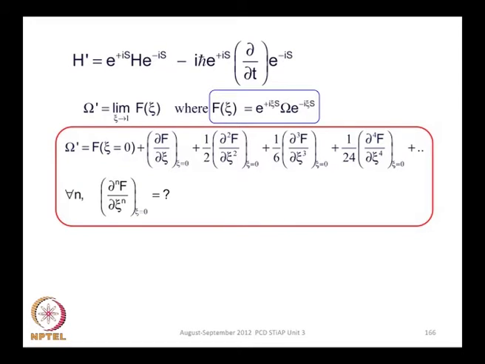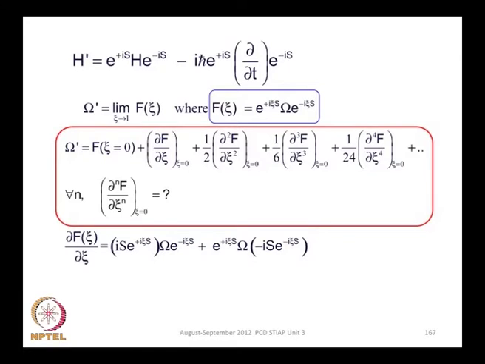So, that is what you need in general. This is the nth derivative that you are going to look for, and now let us take a look at this f of xi. This is your f of xi. Now, s may or may not commute with omega, we will not make any assumption on that, and you take the first derivative with respect to xi, then take the second and find a general expression for the nth derivative, because that is what you need.